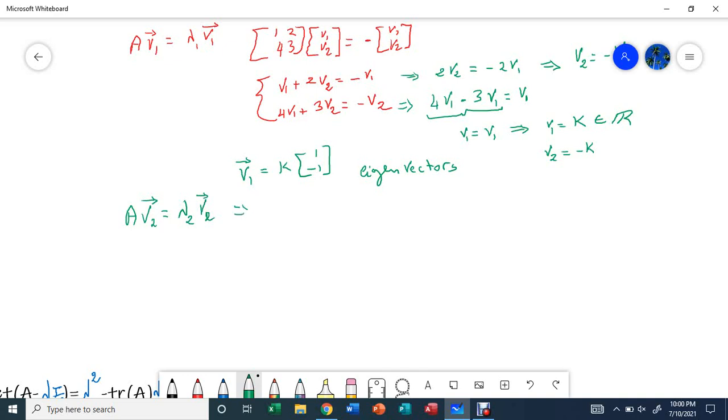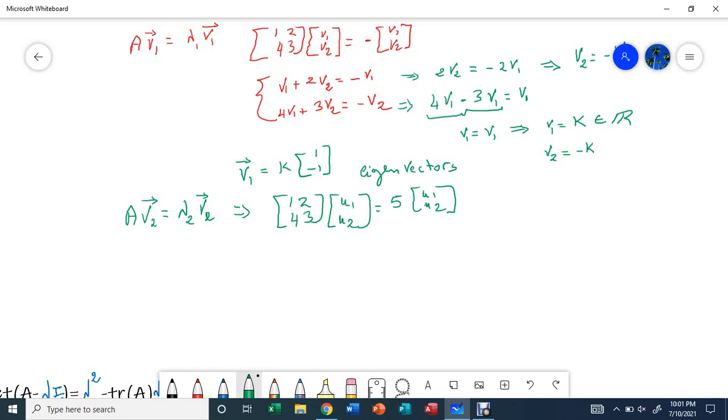Same thing here: the matrix 1, 2, 4, 3, and v2, let's say u1 and u2, equals 5 times u1, u2.